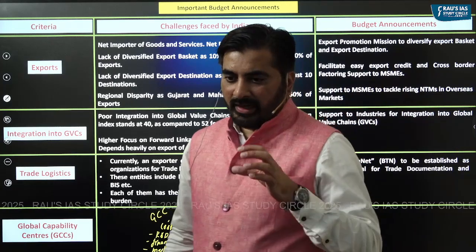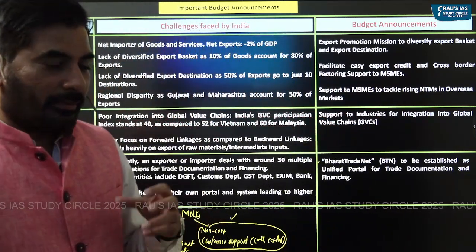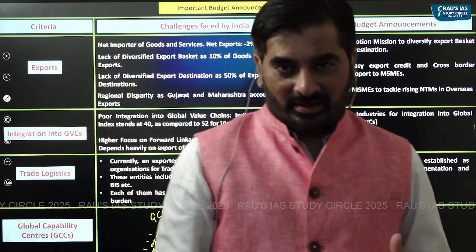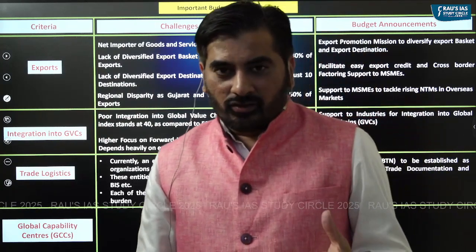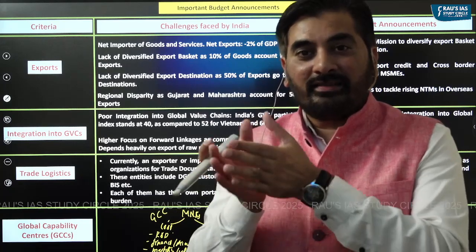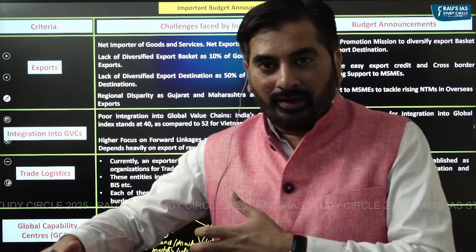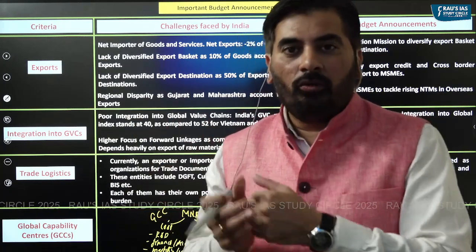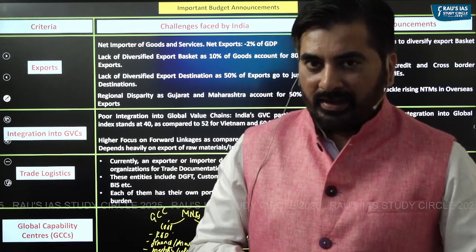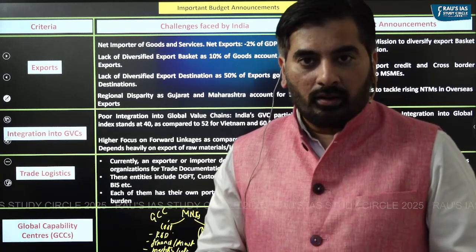In fact, it is being said the start for global capability centers was made by a company called Texas Instruments. Texas Instruments, a US based company, for the first time set up its R&D center in Bangalore. And since then, a number of foreign companies have set up their global capability centers in India. Some of these companies include Goldman Sachs, JP Morgan, Microsoft.